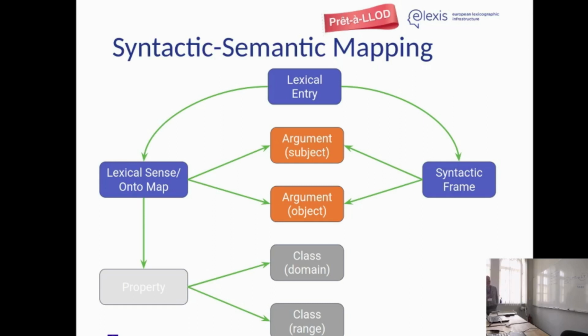And then our ontological mapping essentially creates this link through the properties, saying that the subject of the verb is the same thing that is in this domain here, so it's in this domain of people. And the object of this verb, the direct object, is what is in the range of the property knows, so it's also in the domain of people.